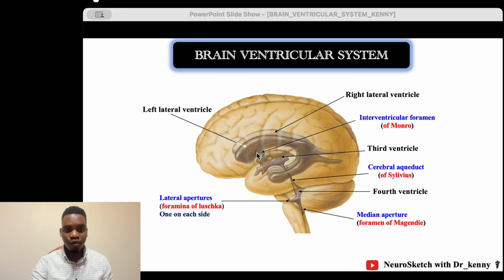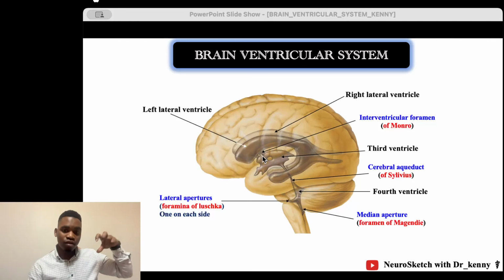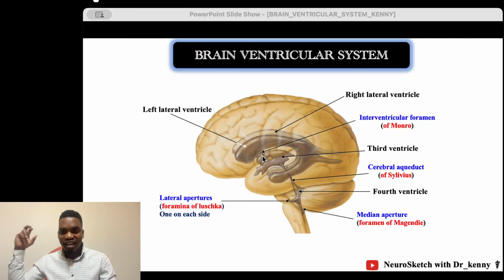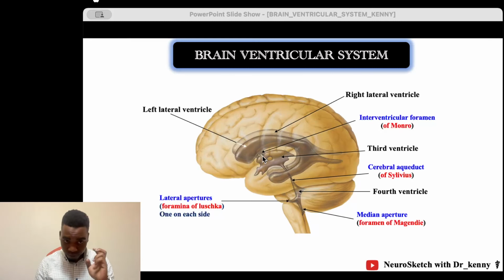We have two foramina of Monroe: one on the left side that communicates the left lateral ventricle to the third ventricle, and one on the right that communicates the right lateral ventricle to the third ventricle. So, two interventricular foramina of Monroe.